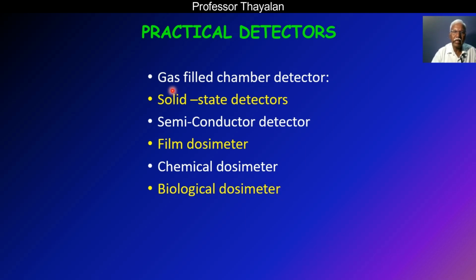We use actually cavity chamber detectors, solid-state detectors, semiconductor detectors, film dosimeters, chemical dosimeters, and biological dosimeters. These are the various types of detectors we use in practice in a hospital setup to measure radiation for various equipment.